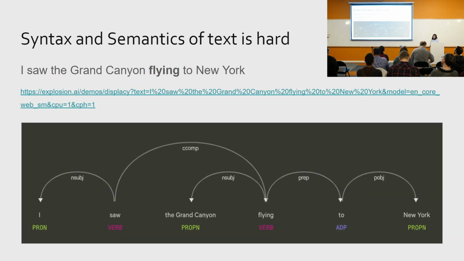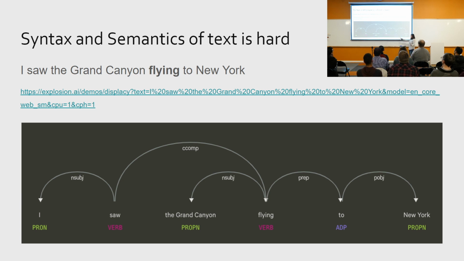I saw the Grand Canyon flying to New York. This is interesting because who's doing the flying here? Is it you who's doing the flying, or is it the Grand Canyon who's doing the flying? Now this parser thinks the subject of the flying is the Grand Canyon.